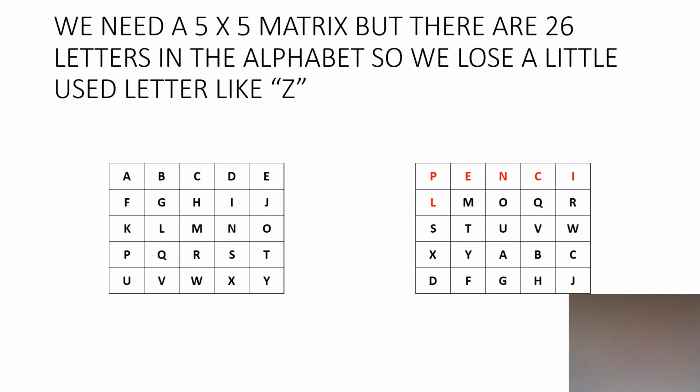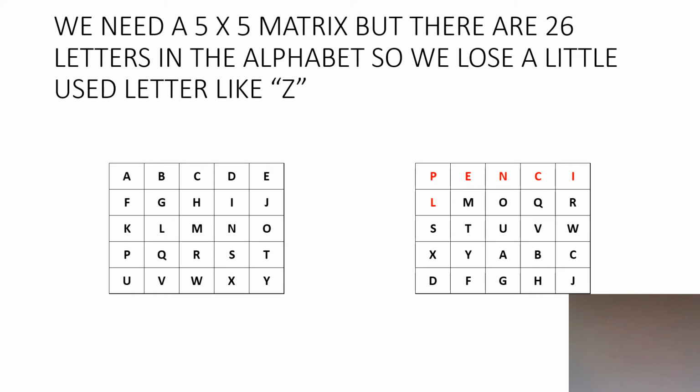So what we actually do is we have a keyword, and that keyword, quite importantly, doesn't have any repeated letters. All the letters are only once. There's no double L's or anything like that. So we go PENCIL, and then the next letter after L in the alphabet is M. So we start with that.